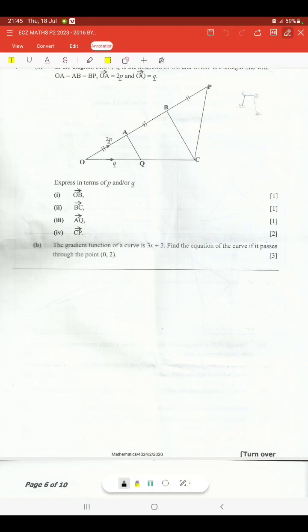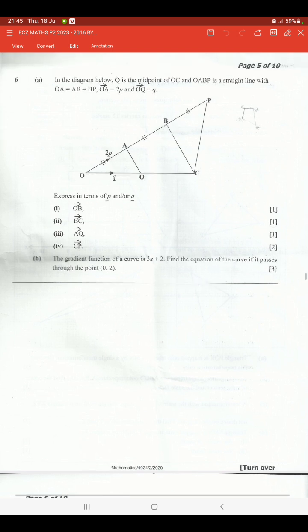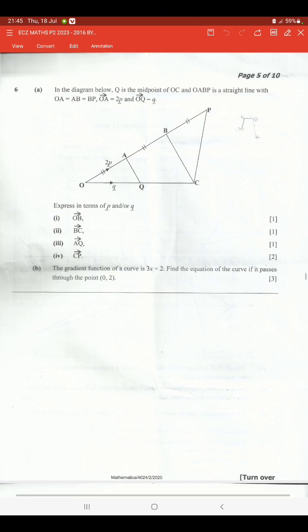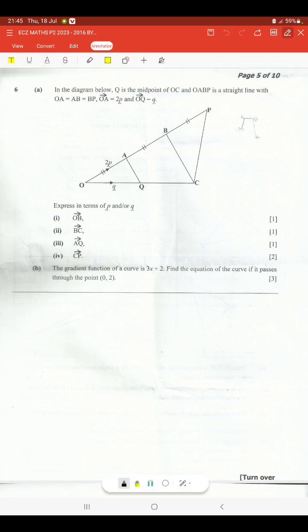Okay, so we are going to look at this question on vectors. The question says, in the diagram below, Q is the midpoint of OC and OABP is a straight line with OA equal to AB equal to BP.